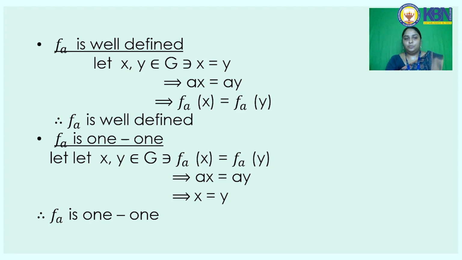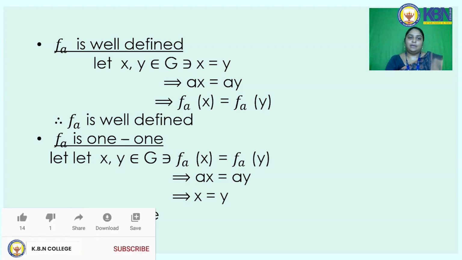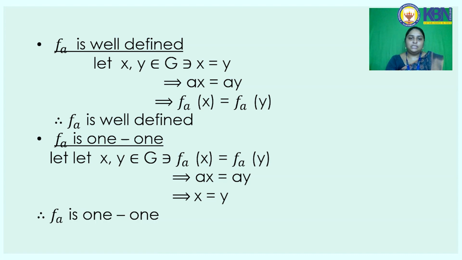Now we have to prove that f_a is one-one and f_a is onto. First, how to prove that f_a is one-one? Taking the images f_a(x) equal to f_a(y), we have to prove that x is equal to y. That is, if images are equal, then we have to prove that elements are equal.